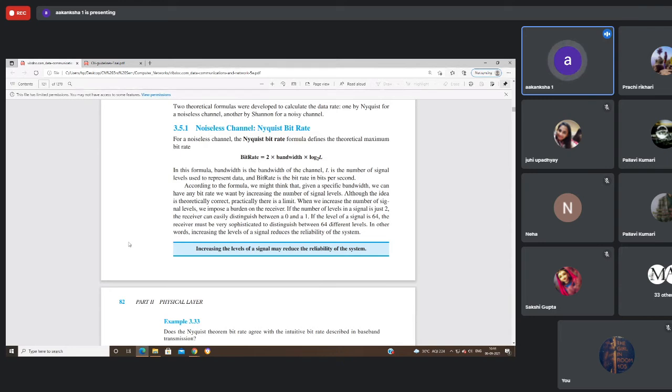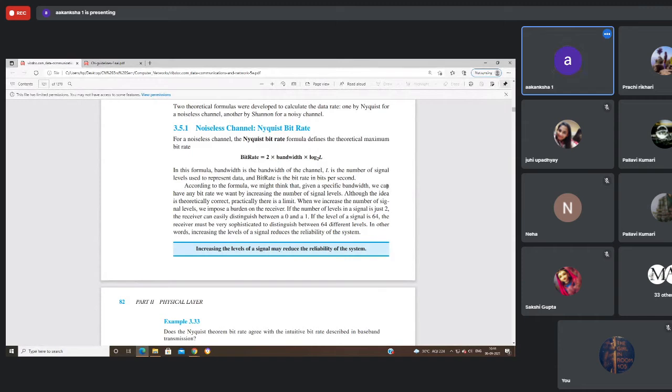Suppose we say 0 volts is 0 and 10 volts is 1. So these are two logical signal levels. My signal, whether electrical, analog or digital, has only 2 levels of representation, and it represents only 1 bit per level.